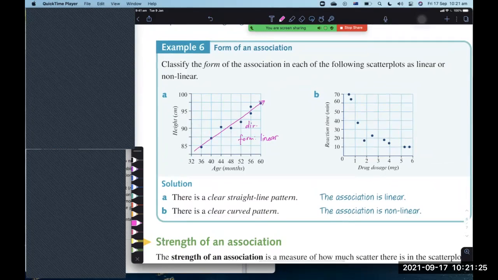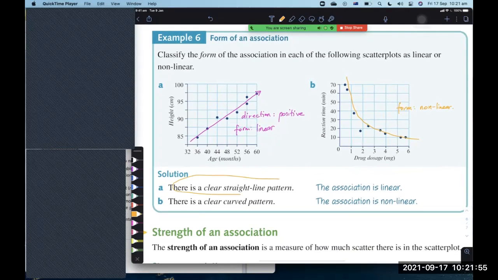What about the direction? Yes. So positive. Okay. Got one more example over here. Now, in this case here, start off with the form. Is it linear or non-linear? Non-linear, because it's not following a straight line. And that's it. Okay.